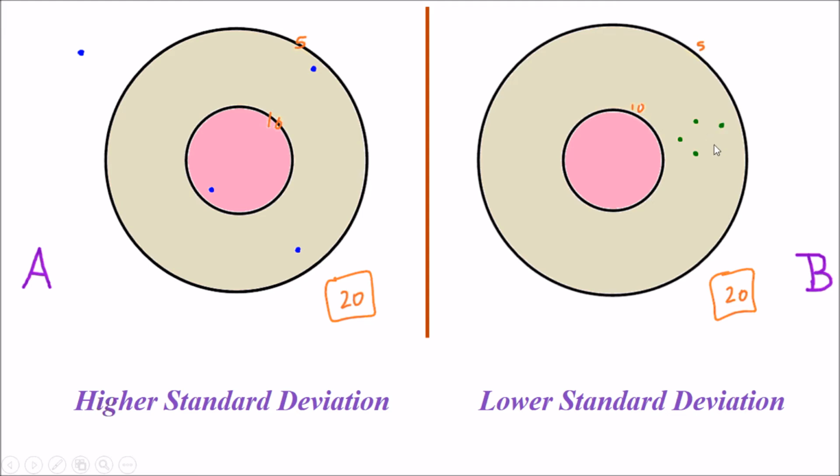So all we'd have to do is instruct B to aim a little further to the left, and B would be very consistent, a low standard deviation. Where A, it's going to be harder to advise A because A is kind of all over the place. So A has a bigger issue, a higher standard deviation. The points are more spread out from the center.